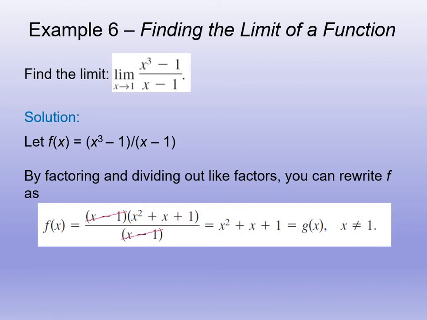Because if you graph the original function, there's going to be a hole at 1, and the value doesn't exist. If you were to graph the g of x function, x squared plus x plus 1, the graph would look the exact same in your calculator as the graph of x cubed minus 1 over x minus 1.